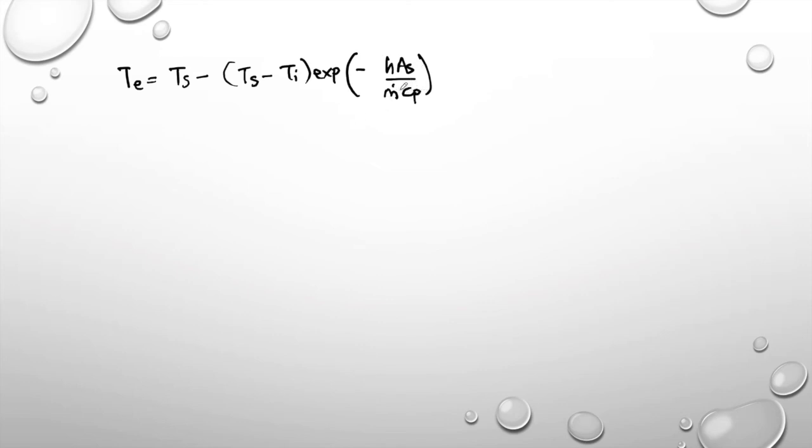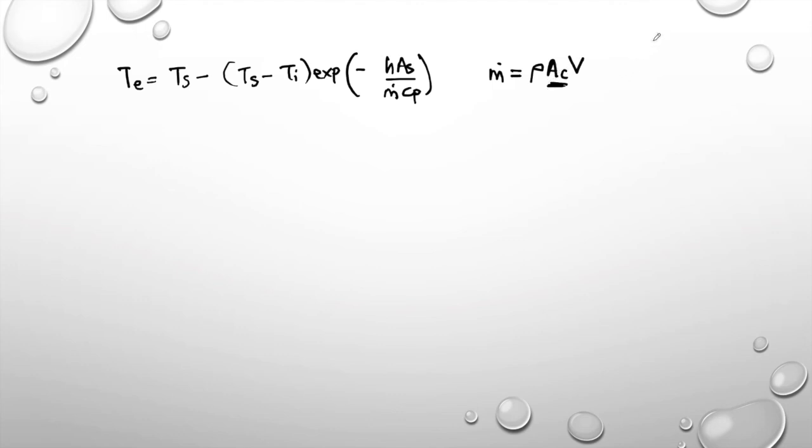So here we have mass flow rate. Now we need to calculate the mass flow rate of your question. So mass flow rate is rho Ac V. So for the mass flow rate, we need to calculate the cross-sectional area.